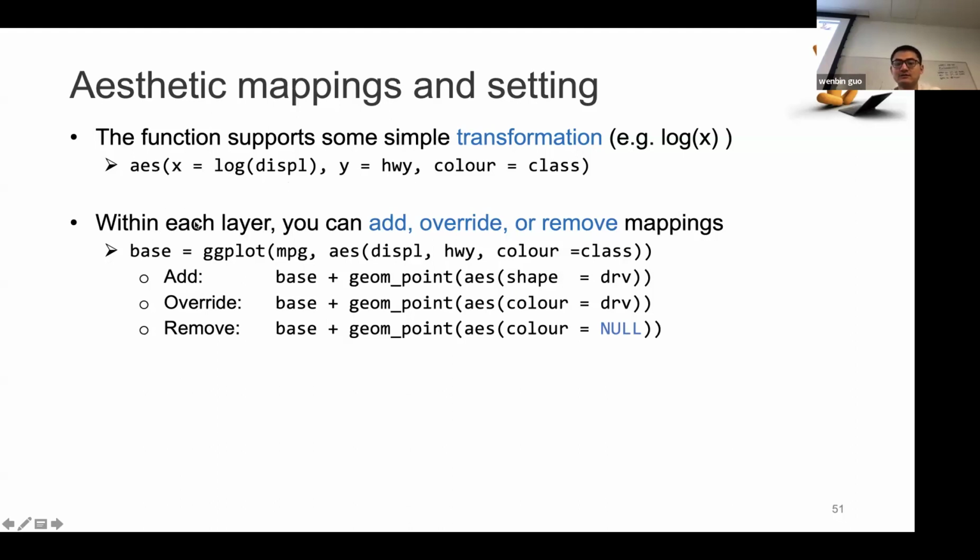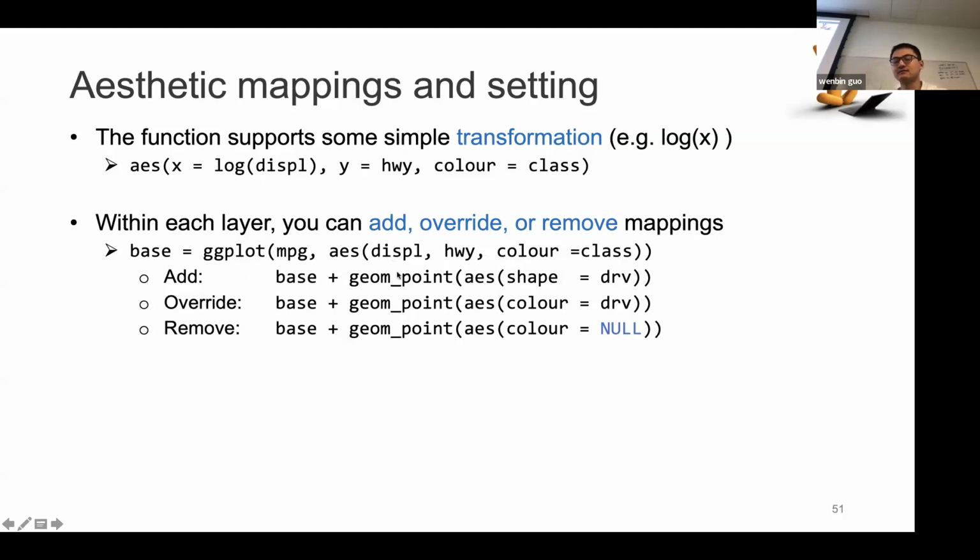And you can also add, override or remove previously set mappings. For example, if you specify the mapping in the ggplot function directly, and later add another layer, like a geometry, and you don't specify the aesthetic mapping, it will by default use the original setting.